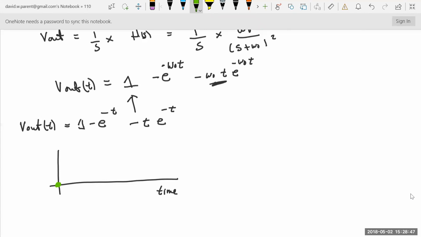And then we know for long periods of time, this is going to decay, and then this will decay. The thing is this will decay more slowly because as time goes up, this is going up linearly, but this is going down exponentially. So this will probably be the dominant term. Well, this just decays. But we know that at some point in time, it's going to be constant. Well, how are we going to get there?